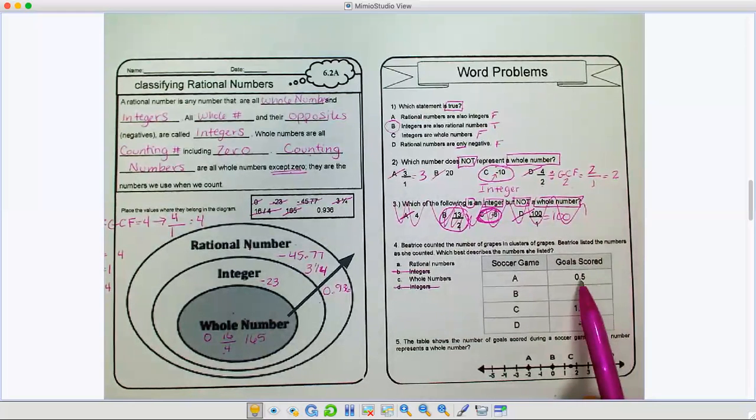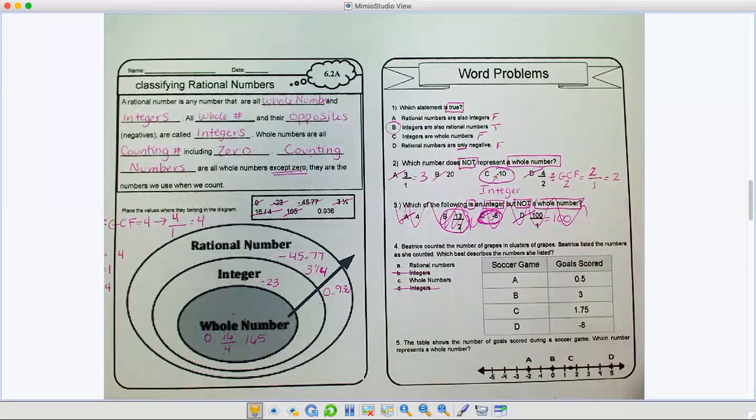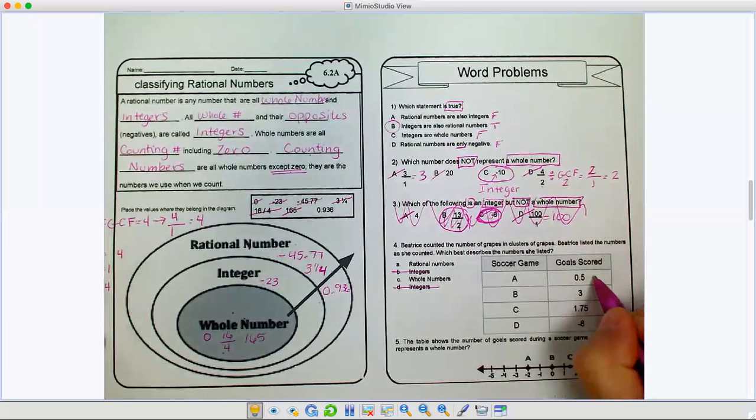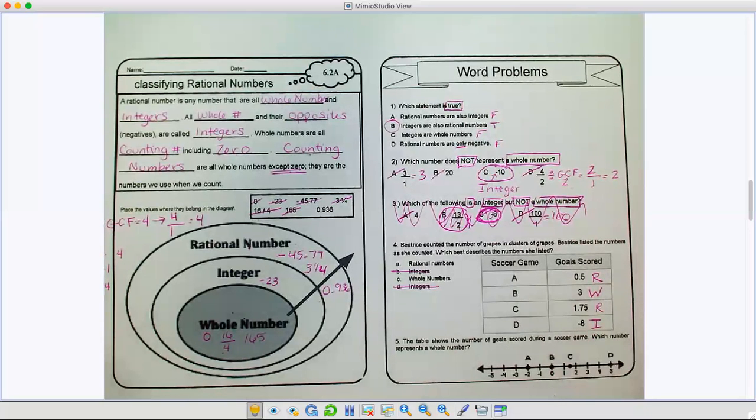Let's look at our choices. We have a decimal, a whole number, a decimal, and a negative. Decimals are going to be rational numbers. 3 is a whole number. A decimal is a rational, and negatives are integers, as long as they are a whole number. 8 is a whole number, so it's an integer.